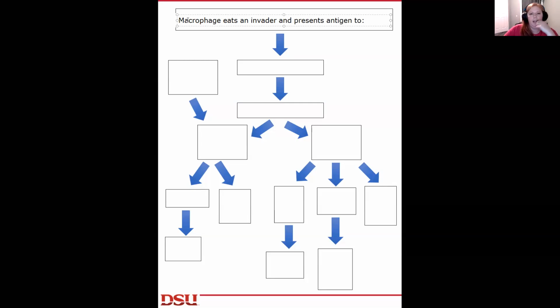And again, remember that while a macrophage is part of the innate immune system, when it's presenting an invader to start the expansion process for T cells, it's actually assisting the adaptive immune system. So they work together. All right, macrophage eats an invader and presents the antigen to our helper T cell.